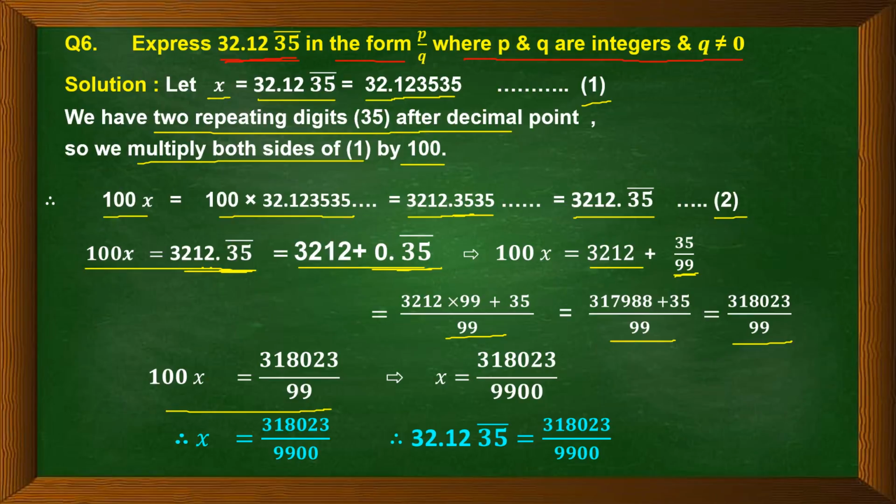Cross multiply and get the value of x. x is equal to 318023 upon 9900. Now x is equal to 318023 upon 9900, and what was x? x was 32.1235 bar, which has the p by q form of 318023 upon 9900, right?